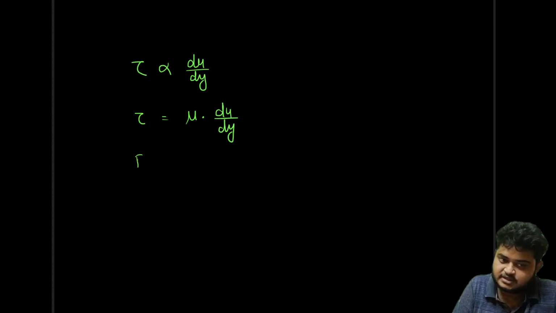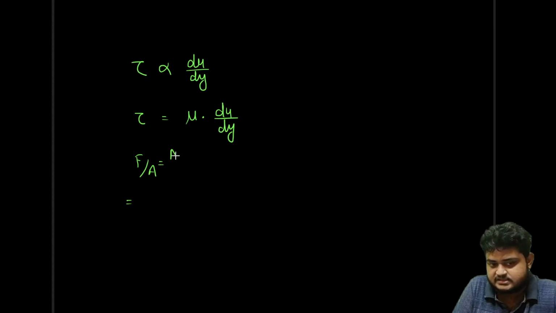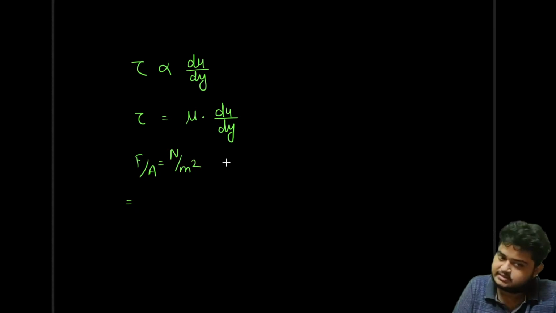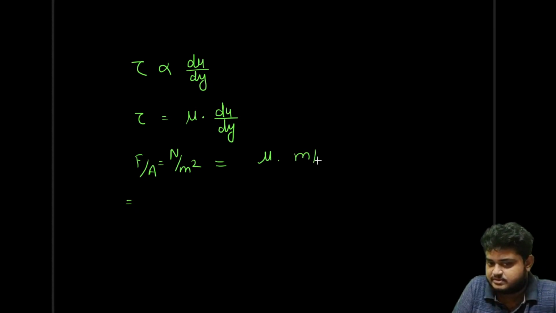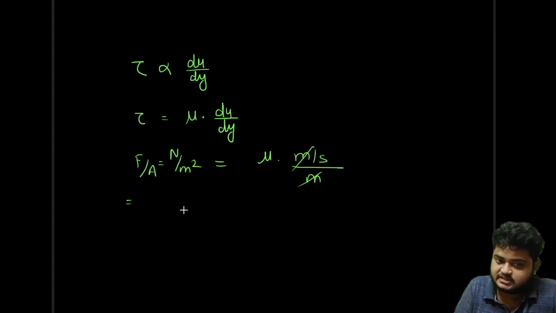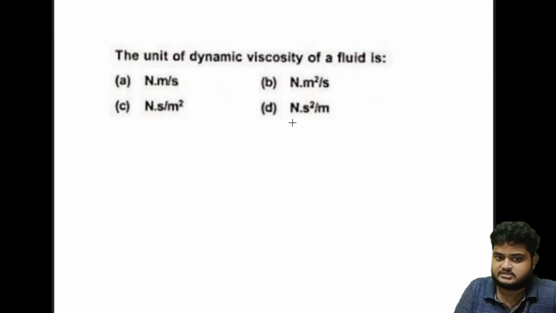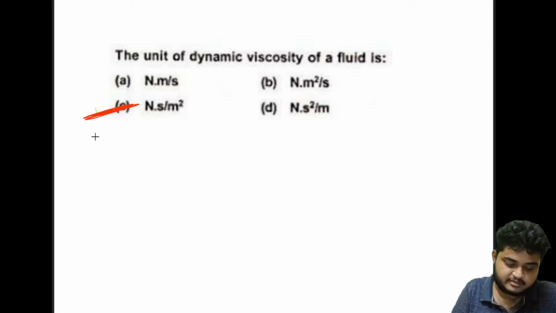Shear stress is F by A, so the unit of F by A is Newton per meter square. This is the change in velocity, so it will be meter per second, and this is only in meter. So meter will be cancelled out, and we will find that Newton second per meter square will be the unit of dynamic viscosity. So option C will be the right answer, Newton second per meter square.